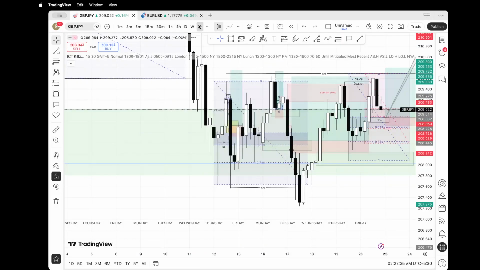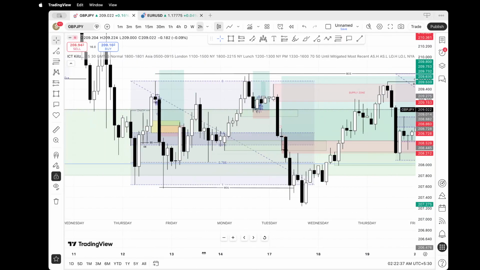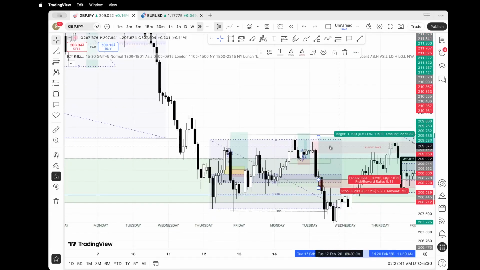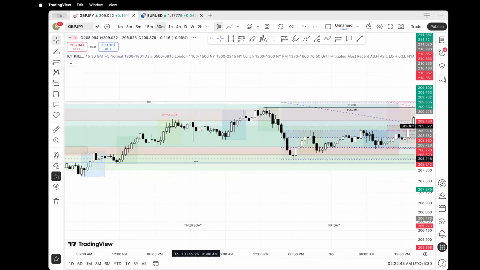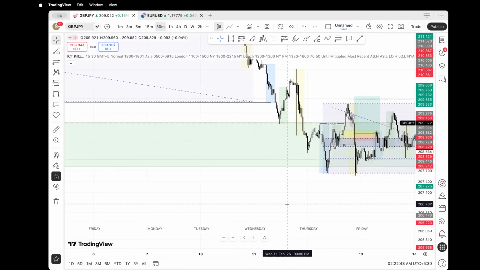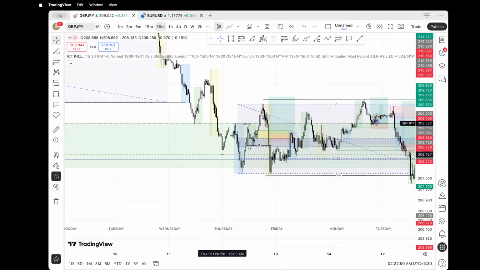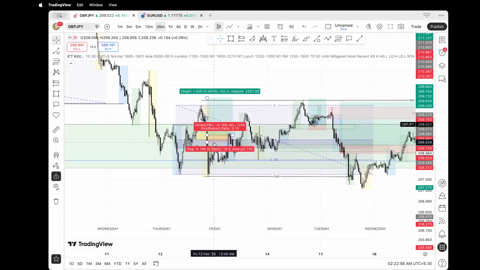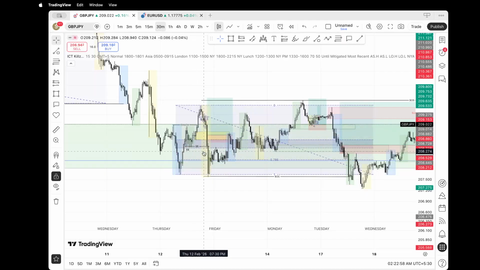If I jump to a bit lower time frame, we'll see what actually happened. Let's jump to 30 minutes. Here we go. We had a break of structure, and then it gave a change of character, making anyone think there is a good retracement now, and we can have a good buy.